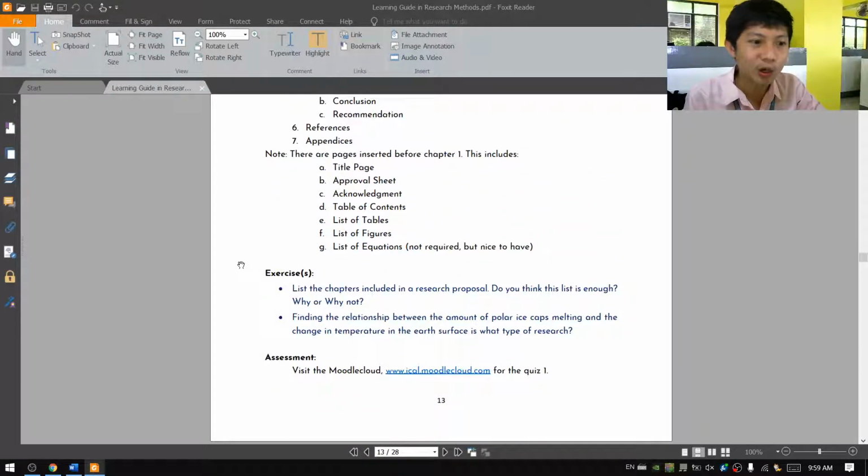Because you are getting a correlation, a relationship between the two. Let's say the temperature of the world is increasing, so you measure how many polar ice caps are melting. Then you conclude that as the temperature increases, the polar ice caps decrease.